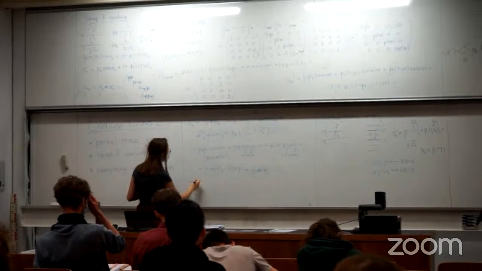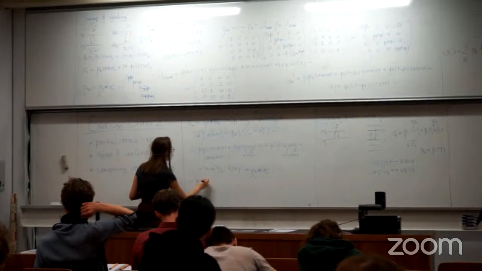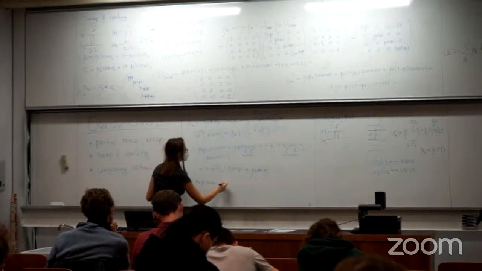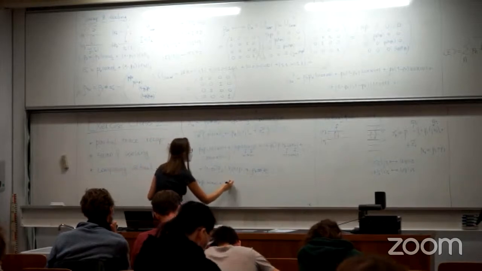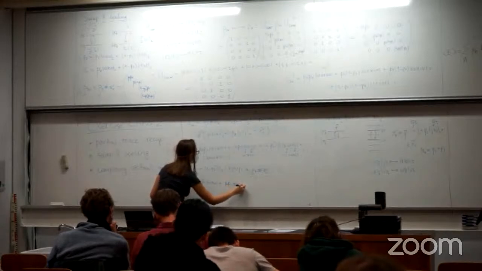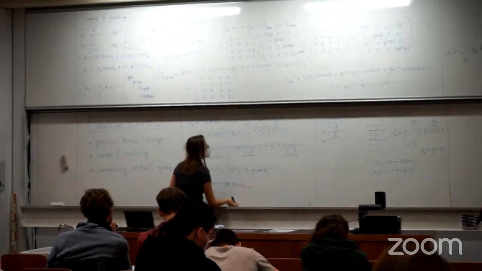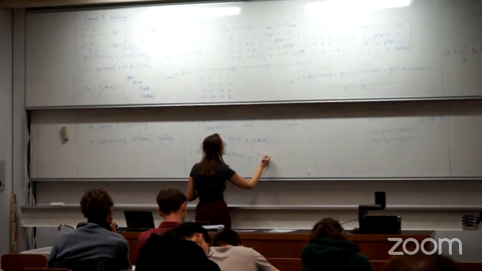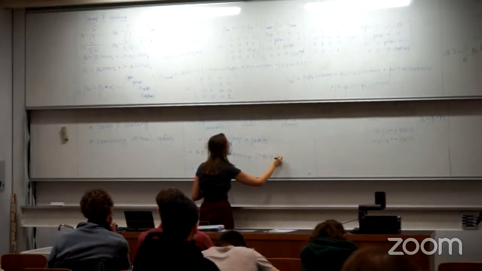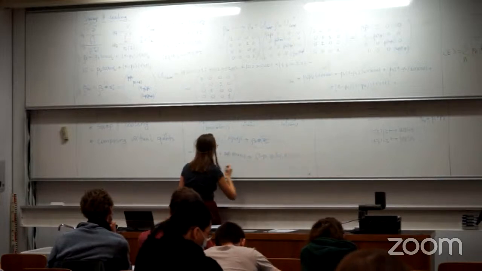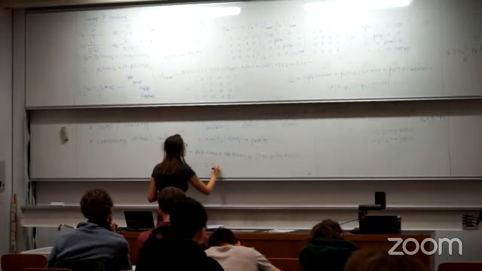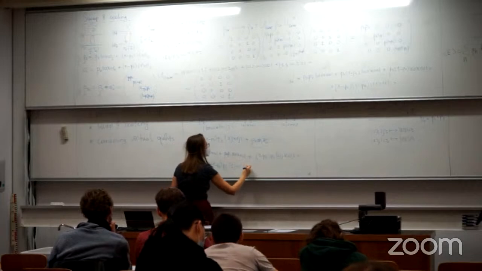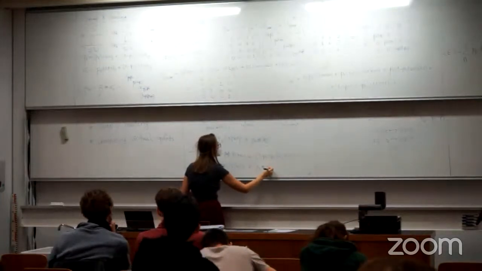So we have PS PI 0I 0I, plus PS PI 1I 1I, plus 1 minus PS PI 0J 0J, plus 1 minus PS PJ 1J 1J, plus rho S tensor product sigma V tilde.